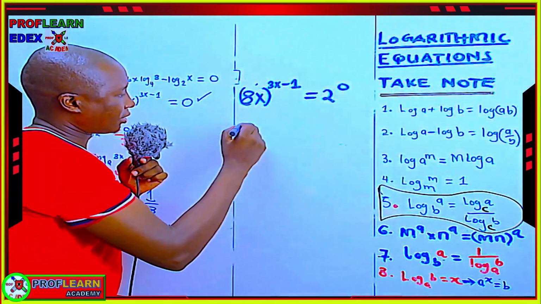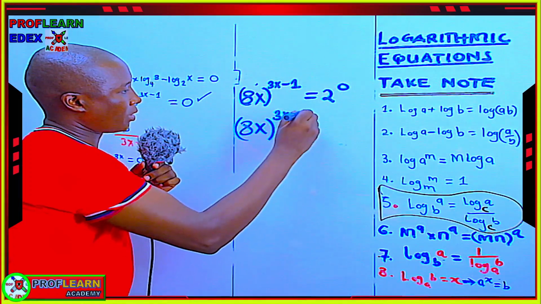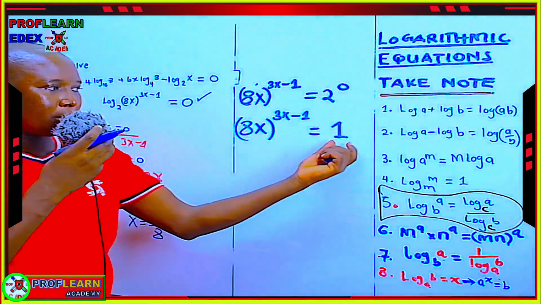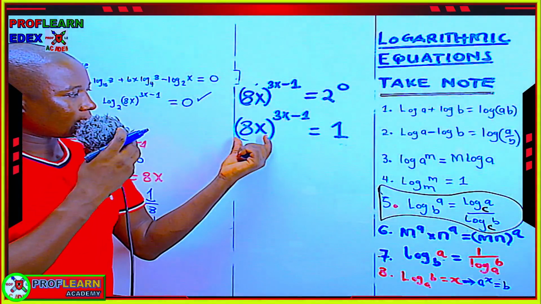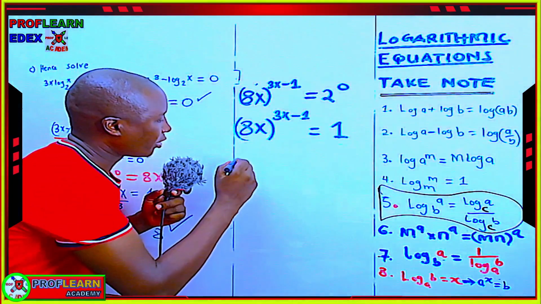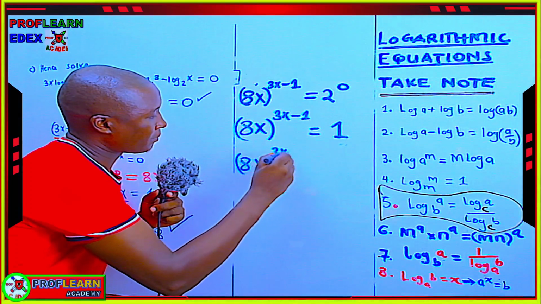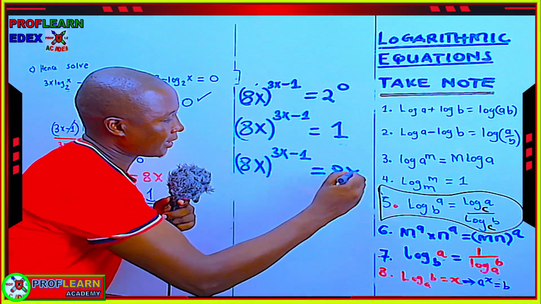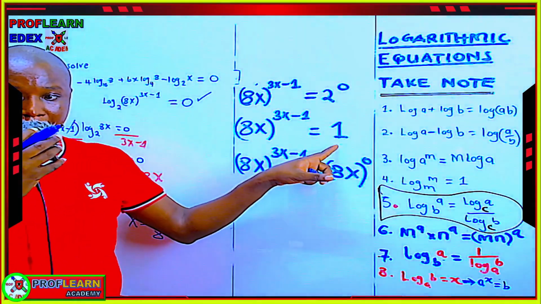If you write that, it's going to be 8x to the power 3x minus 1 is equal to 1. Now, how can you get a 1 when you have a base 8x? The only way is when you have 8x raised to power 3x minus 1 is equal to 8x raised to 0. That's when you can have a 1 here.